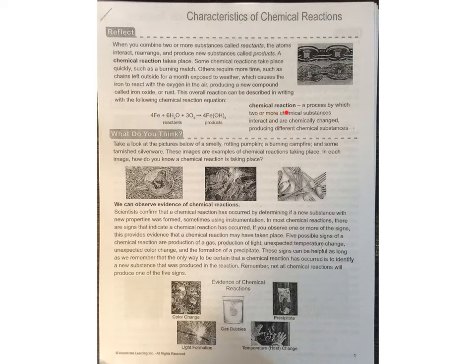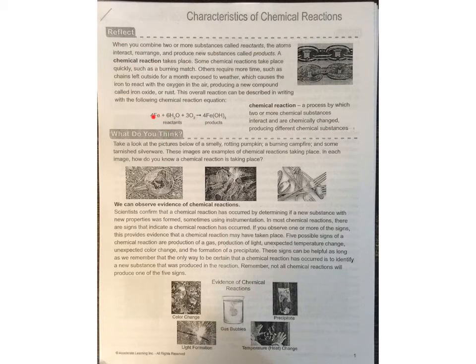So again, a chemical reaction is a process by which 2 or more chemical substances interact and are chemically changed, producing different chemical substances. That is exactly what has happened here. This is so amazing.